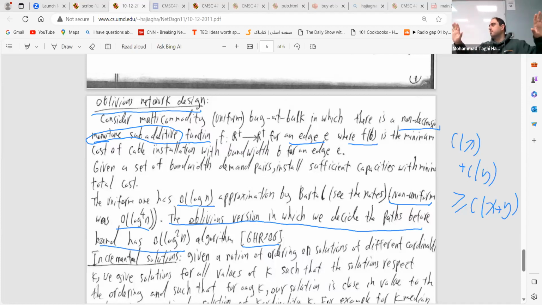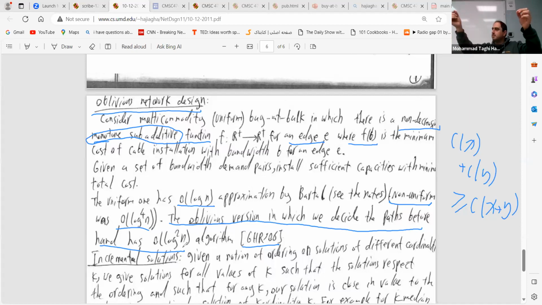So what is the problem? That is the interesting part. And again, I will say these are amazing results, because it's quite non-trivial that such a solution exists. When this f of e is given to you, you can decide the paths in advance in this graph.